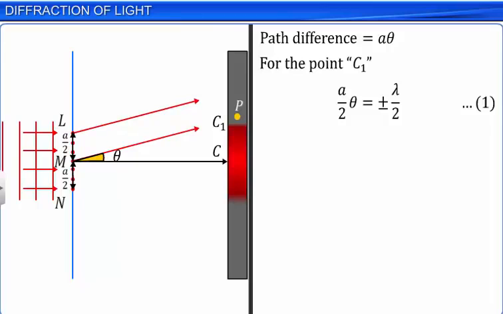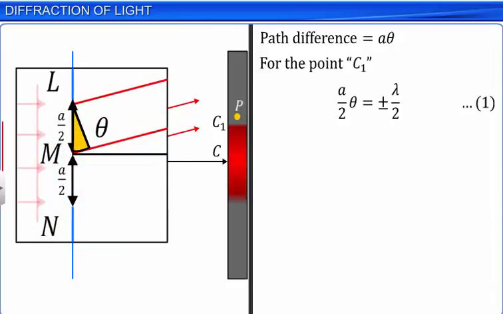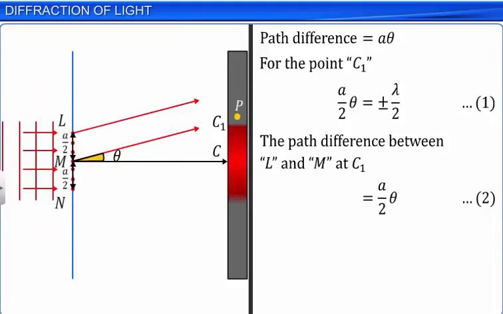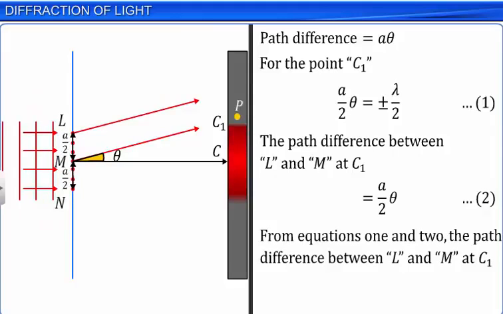Since these two sources are separated by a by 2, the path difference between them at the point C1 is equal to a by 2 theta. Let this be equation 2. From equations 1 and 2, we can conclude that the path difference between L and M at C1 is 1/2 of the wavelength of the incident light. Hence, the waves from L and M are out of phase and interfere destructively at C1.